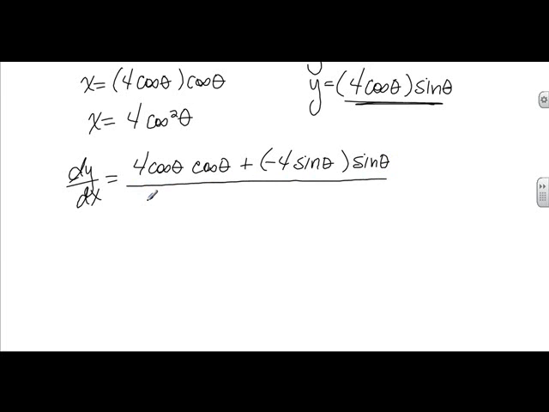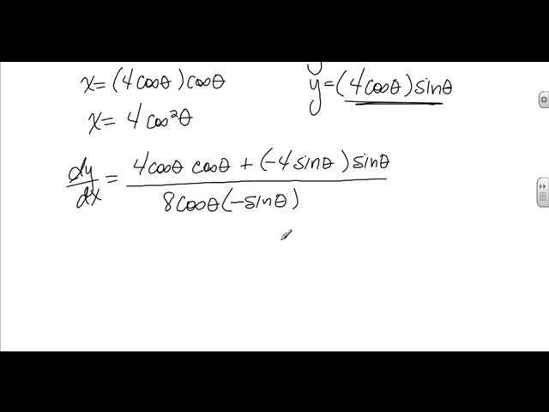And then the derivative of function x. Since I've written that as 4 times cosine squared theta, I can just use the chain rule there. 4 times 2 is 8 times cosine of theta times the derivative of cosine theta, which would be negative sine theta.